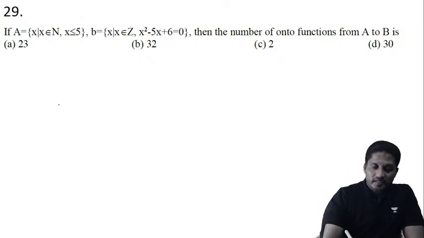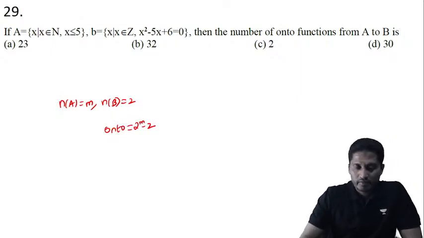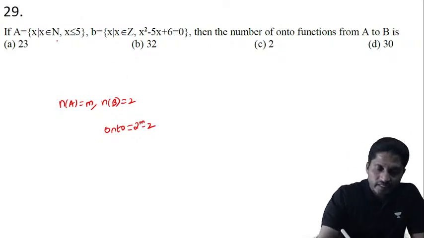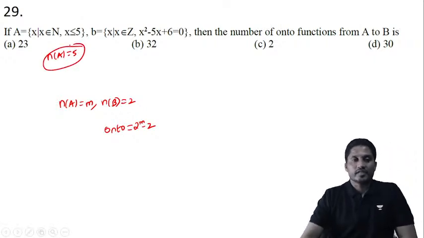See, if set A contains m elements and set B contains 2 elements, total number of onto functions is 2 power m minus 2. 2020 question. So set A contains 5 elements, right? Natural number less than or equal to 5 means n of A is 5.